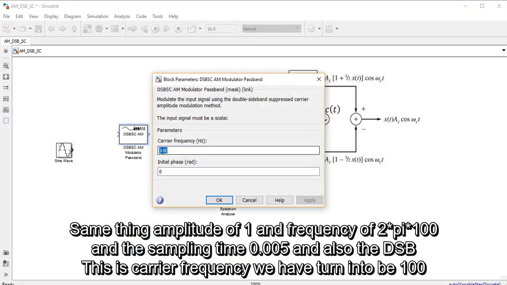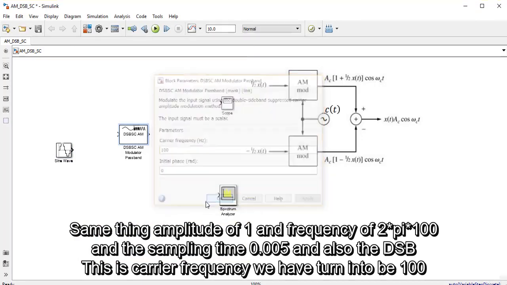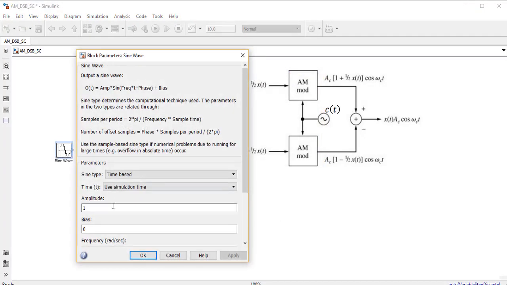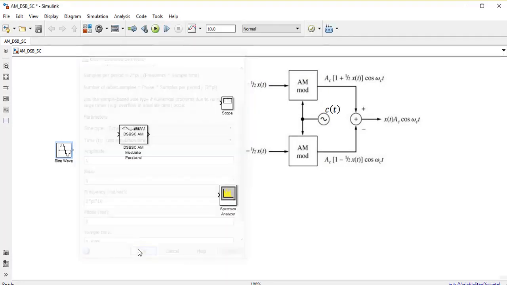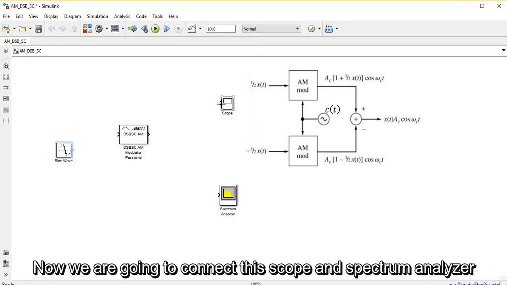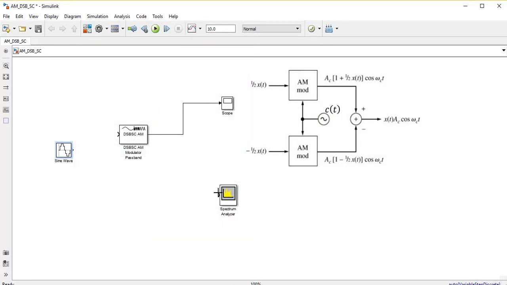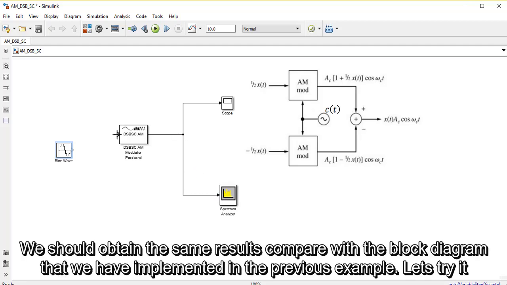This is the carrier frequency we have chosen to be 100. This is not 100, the message frequency was 10. Now we're gonna connect the scope and the spectrum analyzer. We should obtain the same results compared with the block diagram that we have implemented in the previous example.